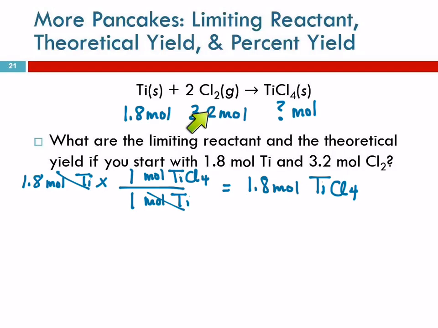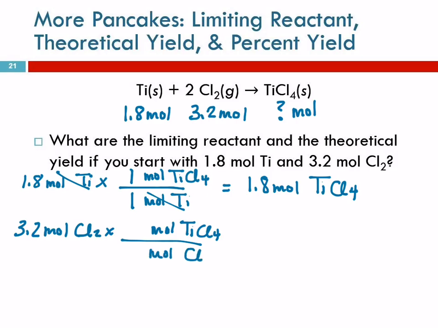We also have to figure out how much product we could make from this many moles of chlorine. So we'll have another calculation, same kind. So chlorine, and now we're going to figure out how many moles of product we could make from that. So we want moles of titanium chloride on top and moles of chlorine on the bottom, so that the units cancel out. These are the sorts of calculations we did last week.